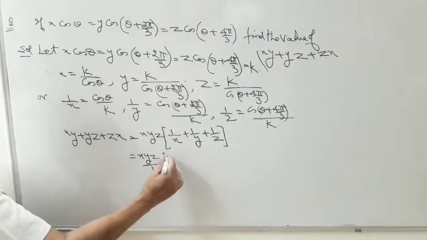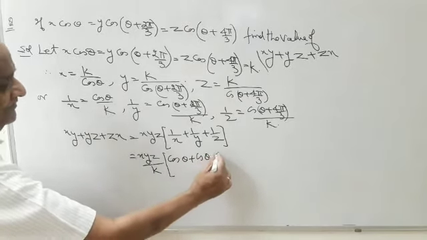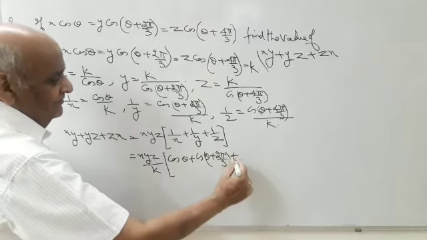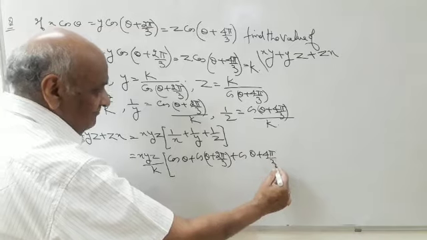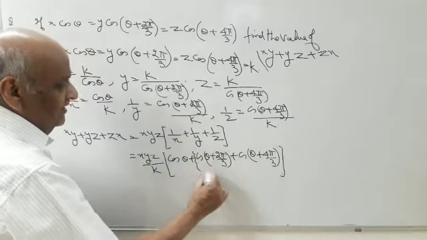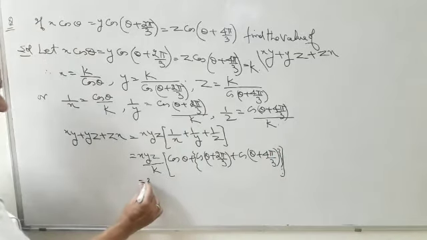Inside it is cos theta plus 2 pi by 3 plus cos theta plus 4 pi by 3. Write in this way. And now by grouping these two terms, apply CD formula.